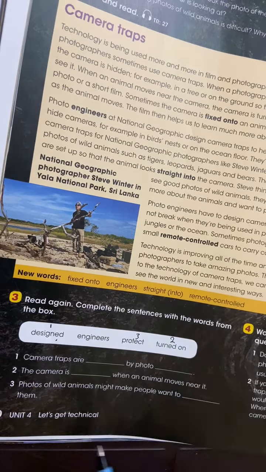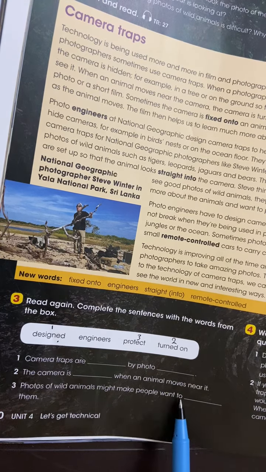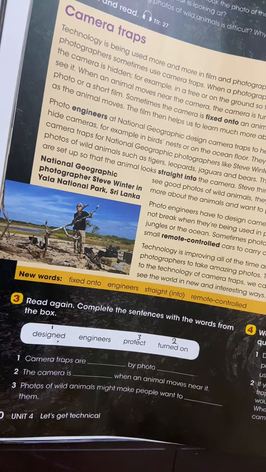Photos of wild animals might make people want to protect them. These are the answers. I'm going to repeat them. Camera traps are designed by photo engineers. Number 2, the camera is turned on when an animal moves near it. Number 3, photos of wild animals might make people want to protect them.